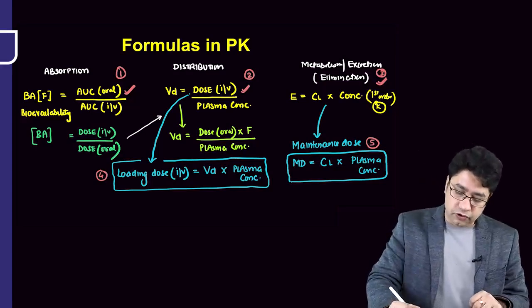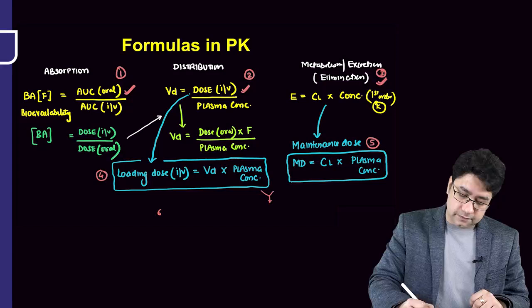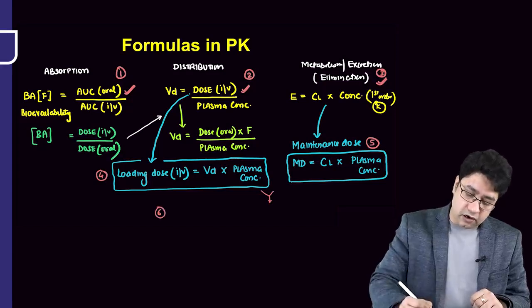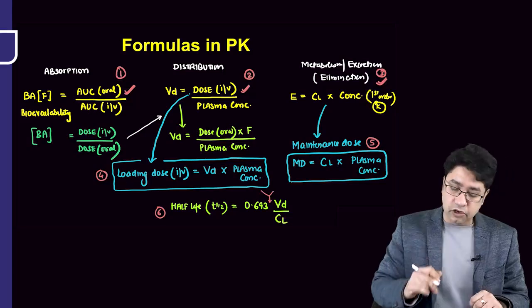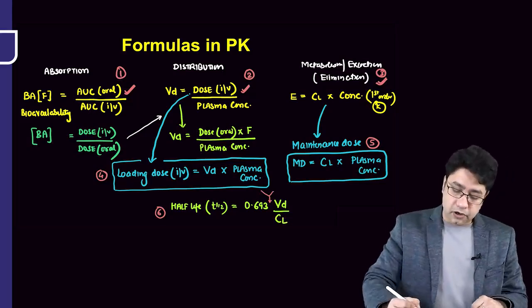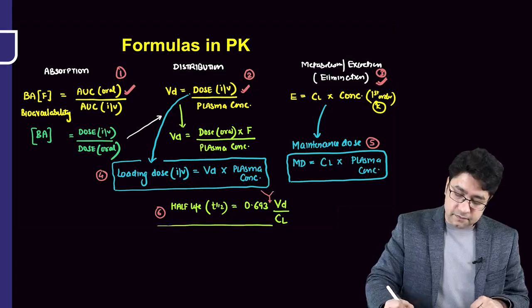Now from these two formulas, we determine the sixth formula, that is formula of half-life of a drug, T half, which is 0.693 Vd upon Cl, volume of distribution upon clearance capacity.